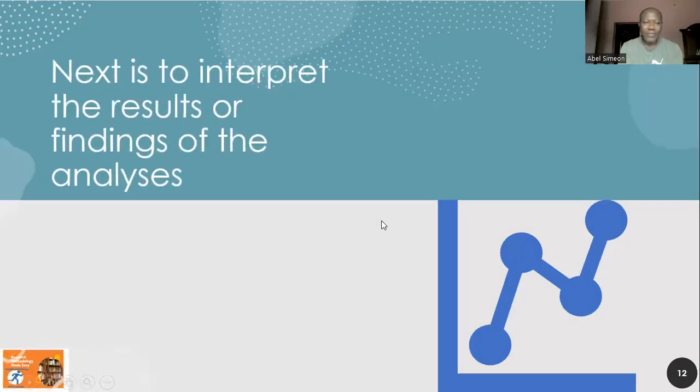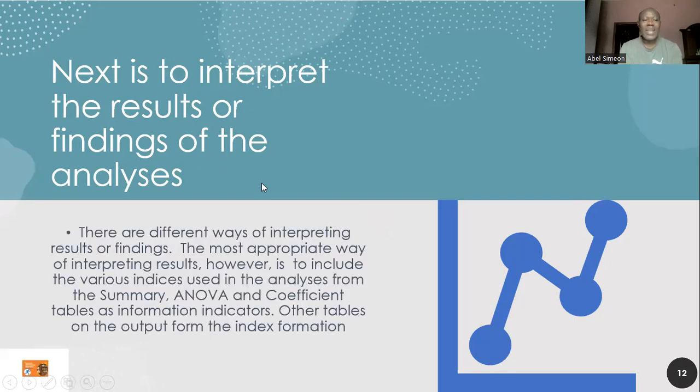This is the final point we're going to look at in part 1 of the stages or components of research methodology: to interpret the results or findings of the analysis. There are different ways of interpreting results or findings.